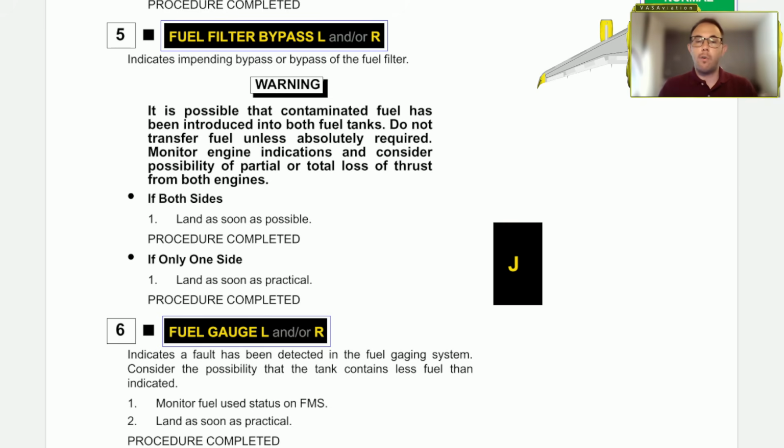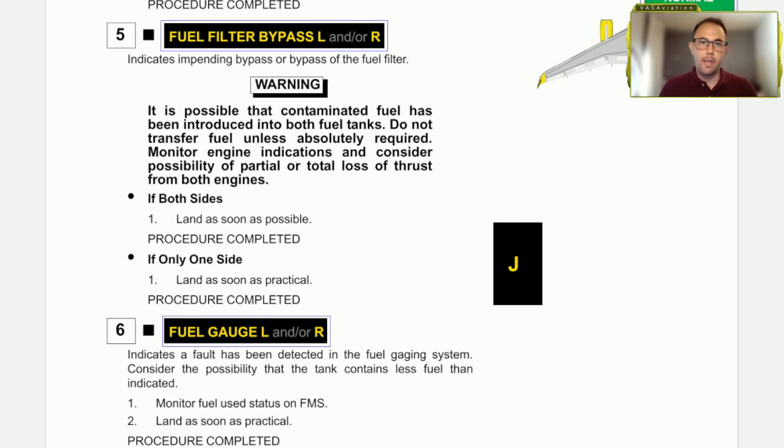If the message is only on one side, it says land as soon as practical. So it can be a fuel contamination as well. It can be another thing. It could be just a sensor problem or a filter issue there, but really not a problem with the fuel. So it says land as soon as practical. Now it's not land as soon as possible. It's land as soon as practical.